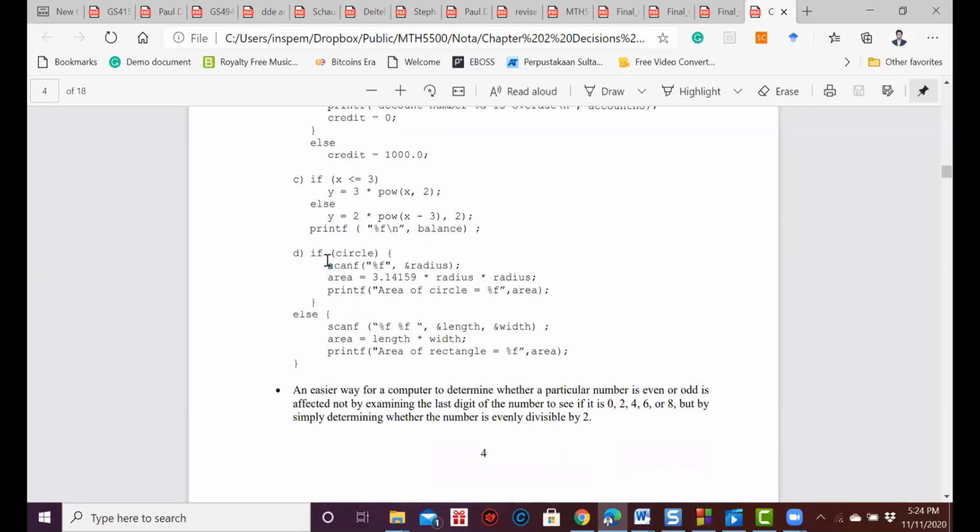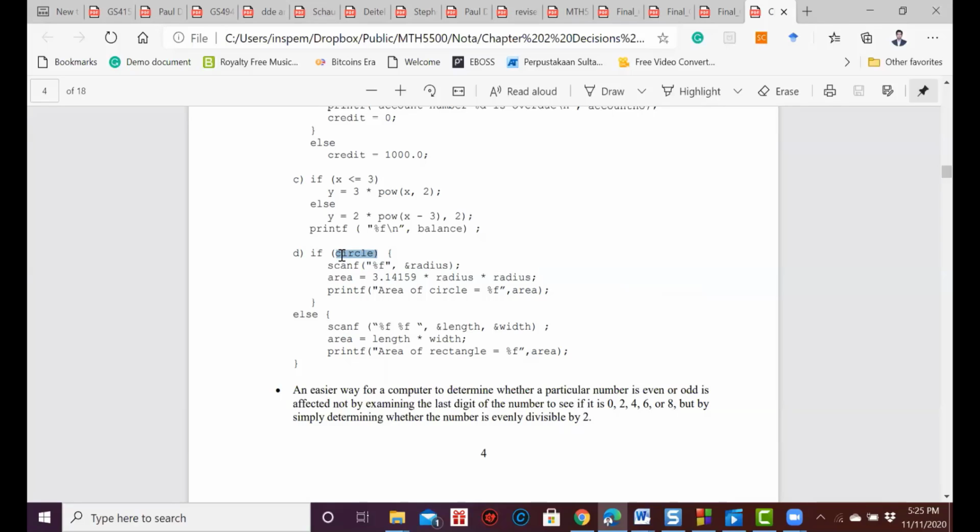Okay, now next, if circle. Normally the possibility is an integer value, maybe 0, 1, 2, 3. In C, I think we discussed in the previous lecture, logically 0 is false.